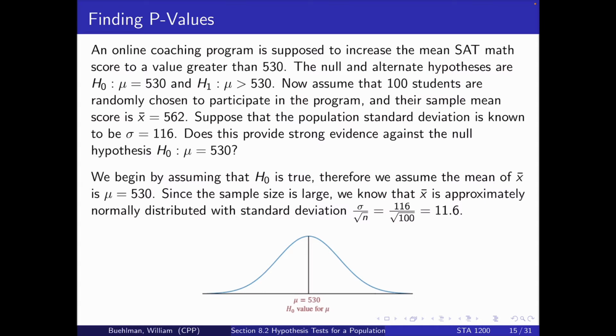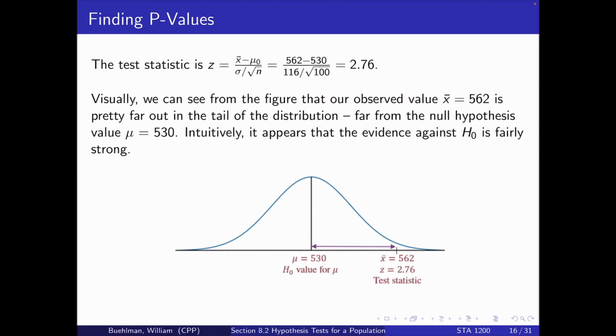Therefore, we assume that the mean should be 530. Since the sample size is large, x bar is approximately normal with a standard deviation of sigma over the square root of n, which is 116 divided by the square root of 100, which is 11.6. So we calculate the test statistic, which we've already done, and we got 2.76.